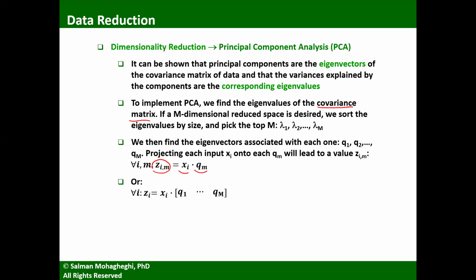In this analysis, notice that x_i in my notation is a row vector and q_m is a column vector of the same dimension. So multiplication of a row vector and a column vector gives you a scalar, which is z_im, essentially the score of observation number i along principal component number m.